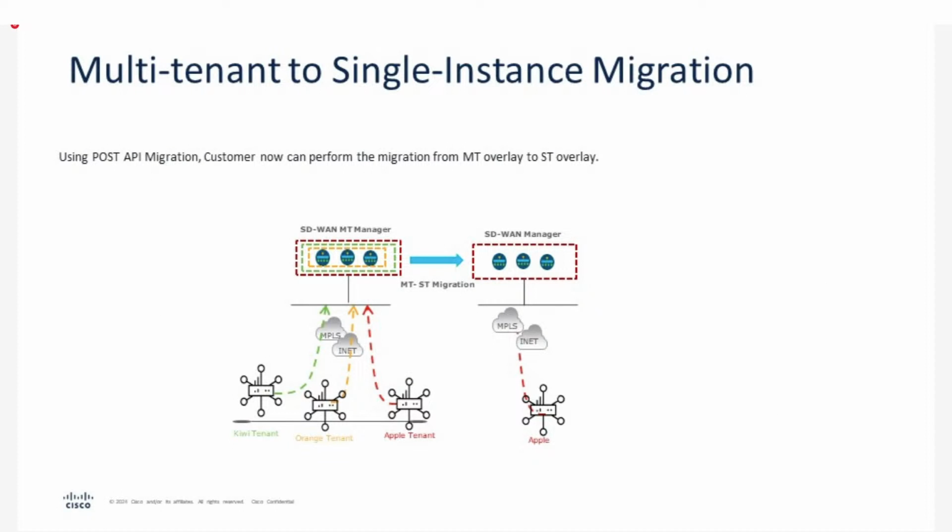The next enhancement, again in the multi-tenant section, is multi-tenant to single-instance migration. There were a lot of requirements and instances where tenants or customers in a multi-tenant environment need to move to a single, non-shared environment. This was not supported until today, for various reasons, such as a new corporate policy change that they need to comply with easily.